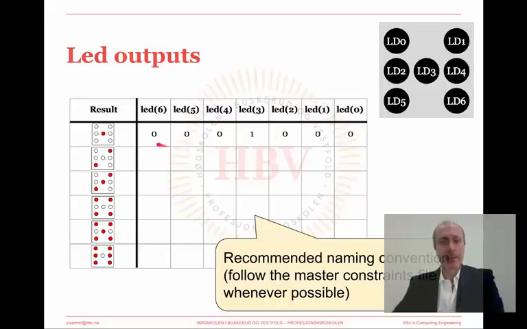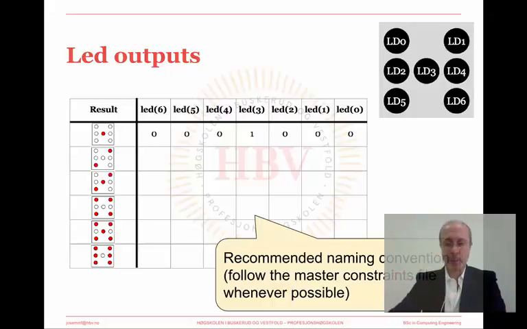And in that case, we will have to complete a table like this so that we can easily figure out the result by looking at the pattern that is displayed in those LEDs. Notice that we are using the same names as in the original constraints file, and that's good to minimize the editing work that you will have to do on that file in order to allocate pins of the FPGA to our inputs and outputs.